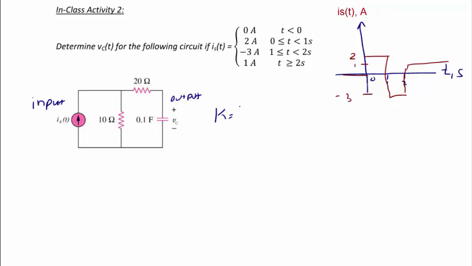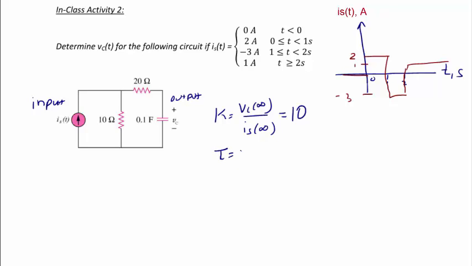Remember, the static gain K is VC of infinity over IS of infinity. So VC of infinity means steady state conditions, which means we have an open circuit here, so there's no current flowing through the 20 ohm resistor. So at that point, the relationship between the voltage and the current is the relationship between the voltage across the 10 ohm resistor. So VC of infinity over IS of infinity is a gain of 10.